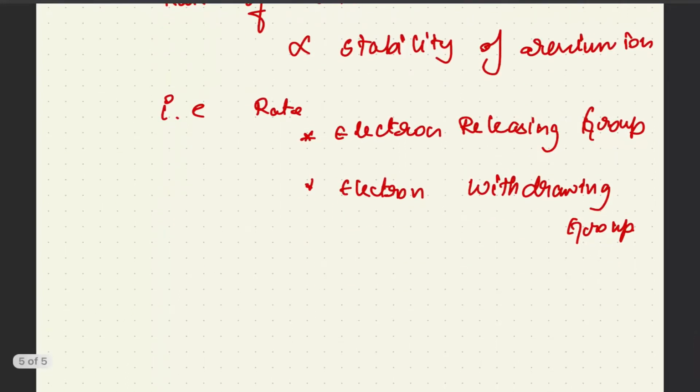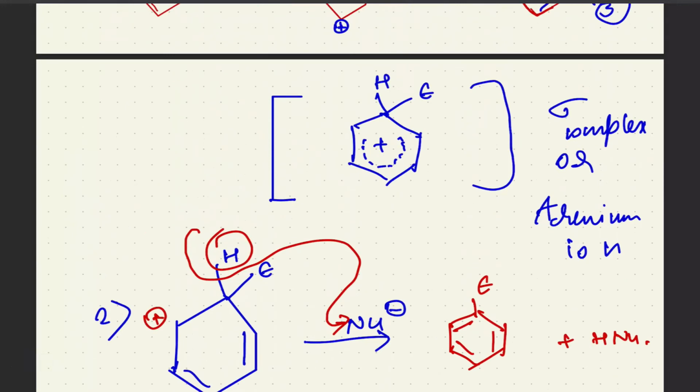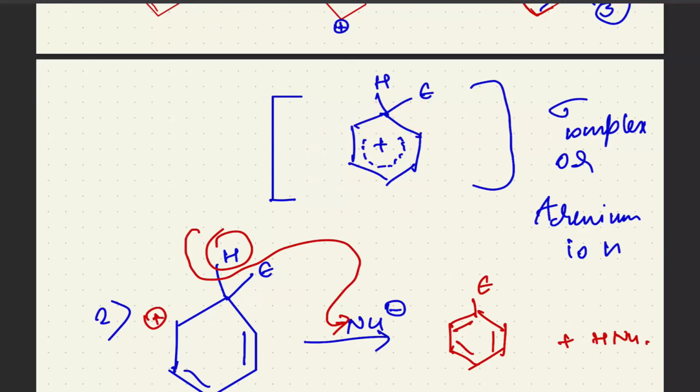As the arenium ion is carrying a positive charge, if the initial reactant has more electron releasing groups, this localized positive charge will be stabilized due to the electron releasing groups, due to which the reaction is said to proceed faster.